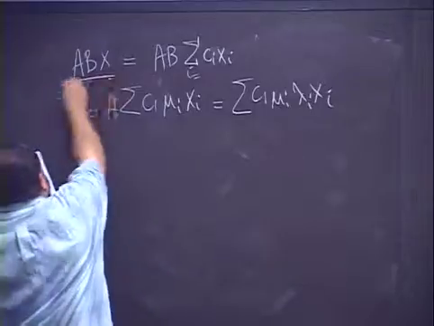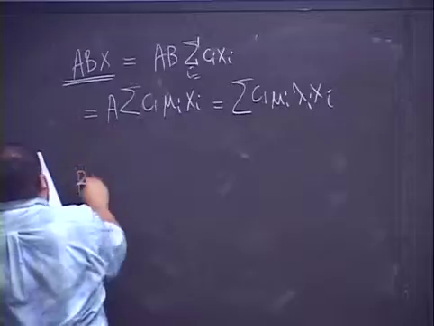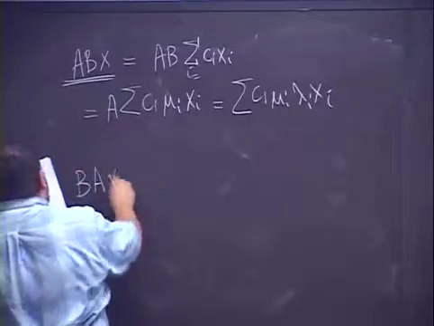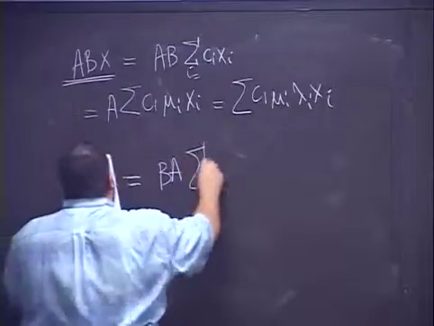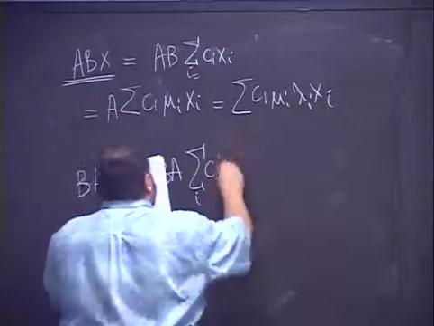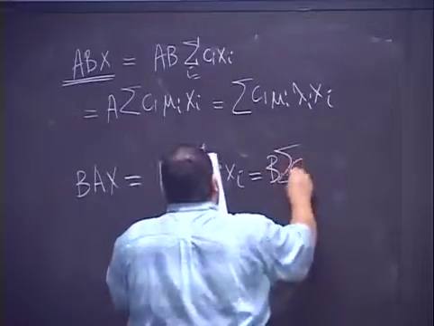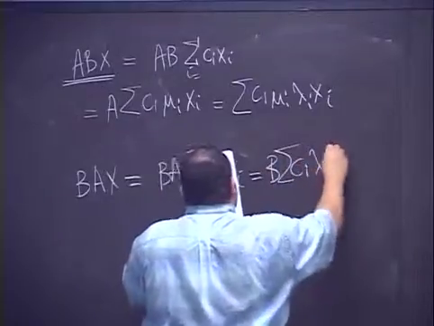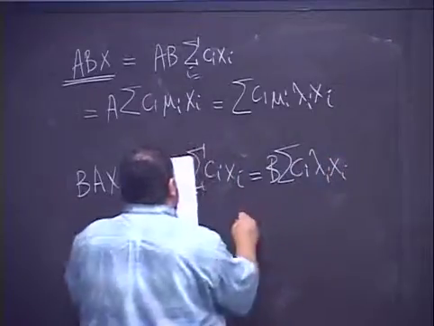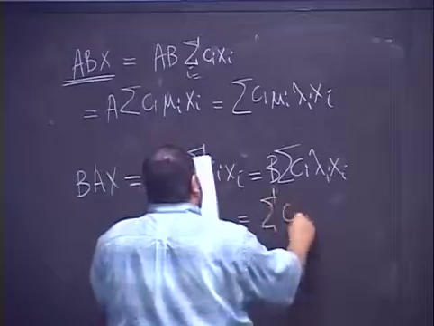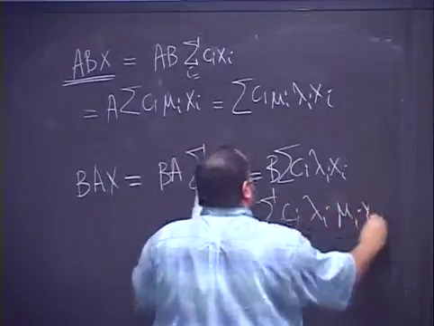So this is this part here. And if I reverse it, I can write this as B A, and this is Ci Xi, and again I can write it as B Ci lambda i Xi, and then I will rewrite it again as Ci lambda i mu i Xi.